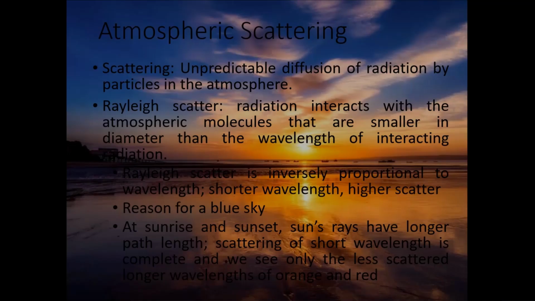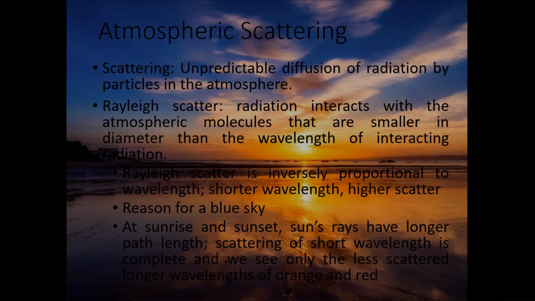Atmospheric scattering. So what is scattering? It's an unpredictable diffusion of radiation by particles in the atmosphere. This occurs when the particles or large gas molecules present in the atmosphere interact with and cause the electromagnetic radiation to be redirected from its original path. It is traveling from the sun to the earth feature, and the reflected energy is traveling from the reflected feature to the satellite.